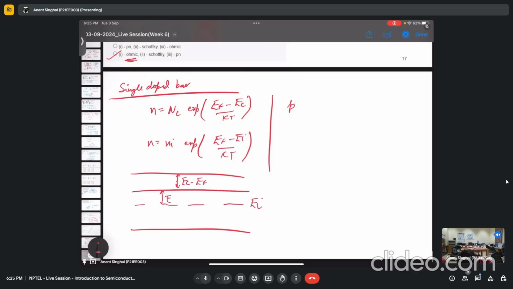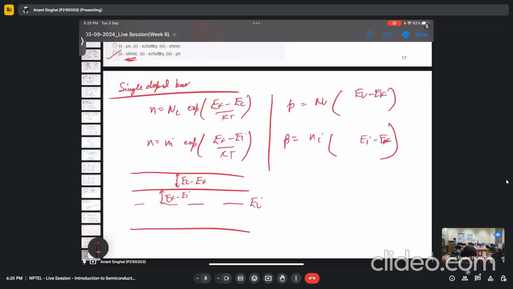This is EF minus EI. Same goes with P. We will have an effective density of states for the valence band, and the same will come here. It will be EF minus EV, and this will be EI minus EF.